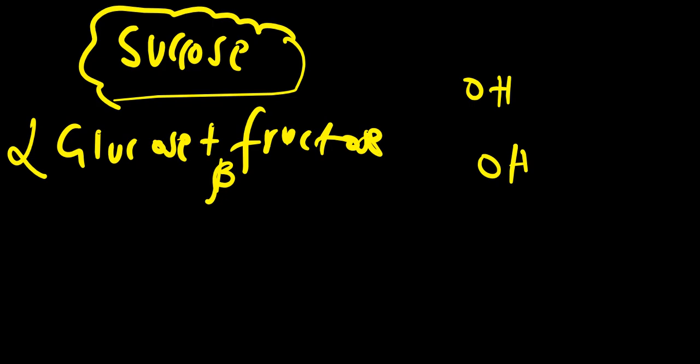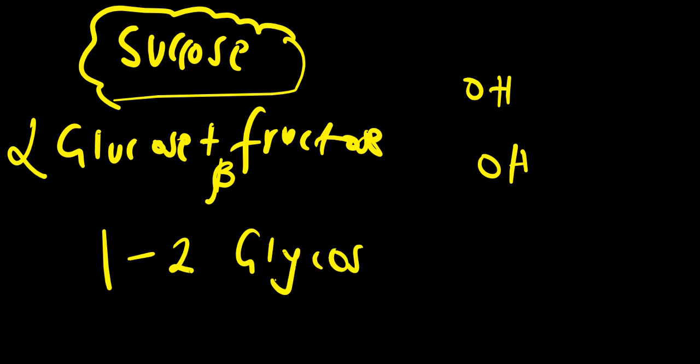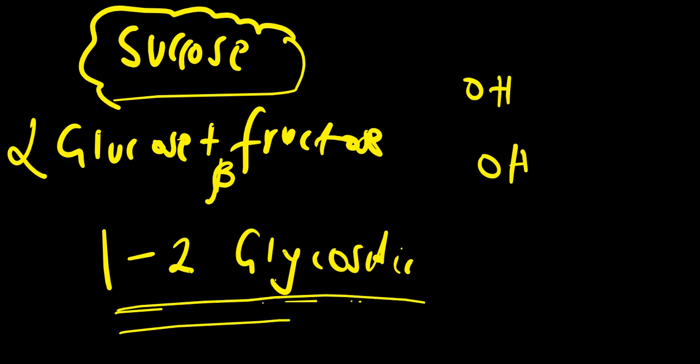Now sucrose will form a 1,2 glycosidic bond. Now you must know this because you have to differentiate sucrose from the previous one that we just talked about, lactose, which forms a 1,4 glycosidic bond.